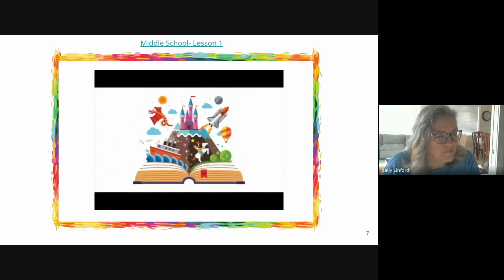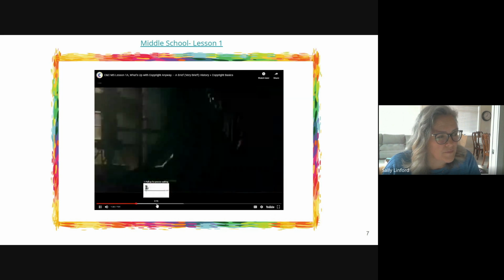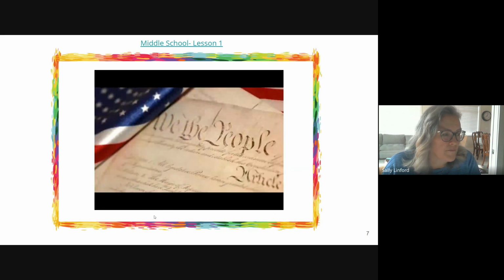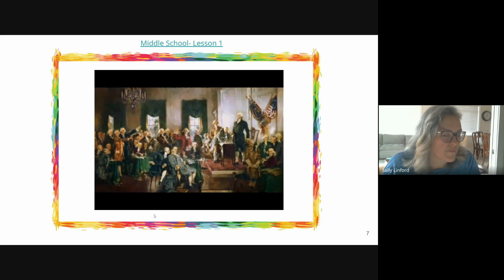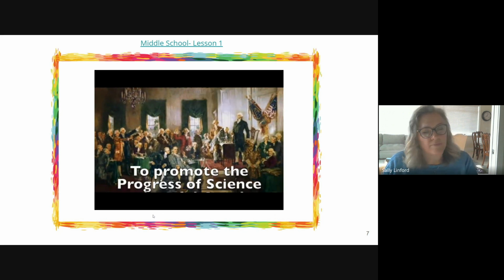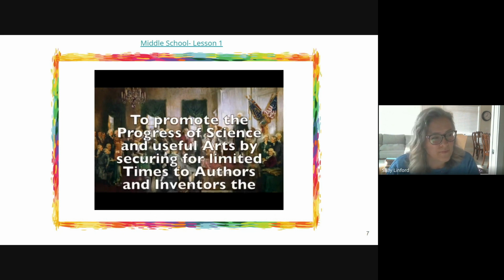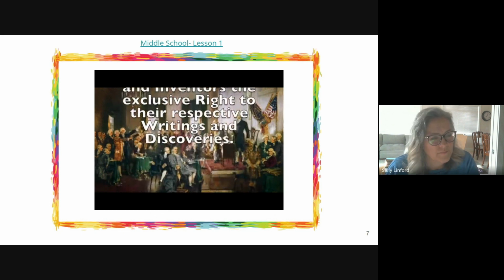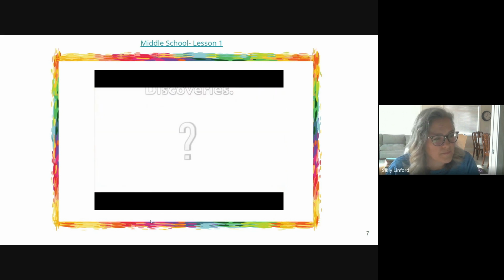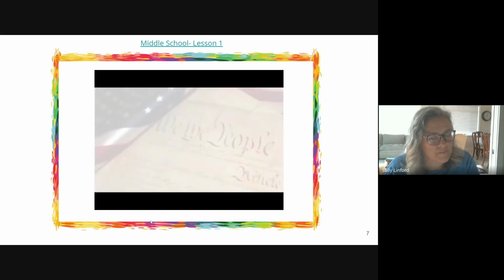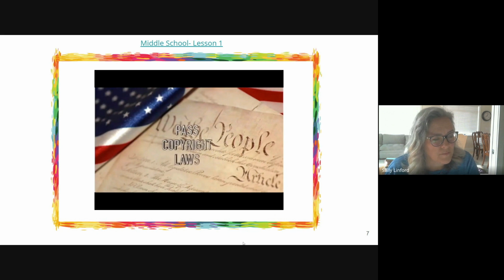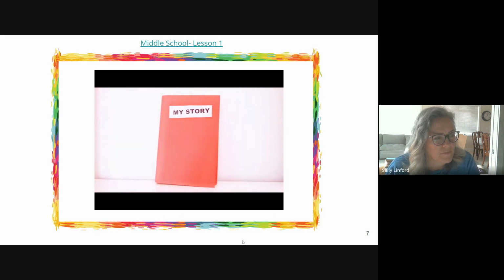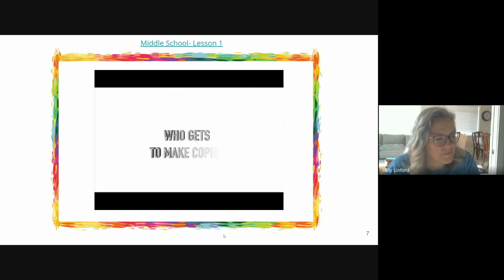Nice, huh? Nice. Fast forward 60 years. When it came time to write the Constitution, guess what? Our founding fathers included copyright. To promote the progress of science and useful arts, by securing for limited times to authors and inventors the exclusive right to their respective writings and discoveries. What? The Constitution gives Congress the power to pass copyright laws, and as a result, authors have the right to get paid for their books and to decide who gets to make copies.